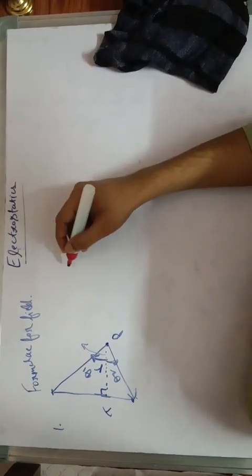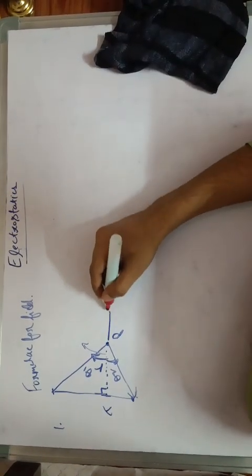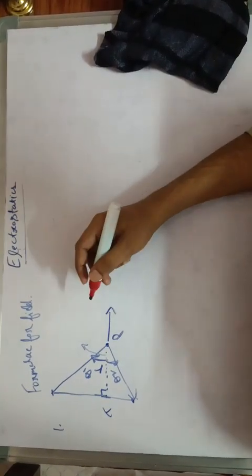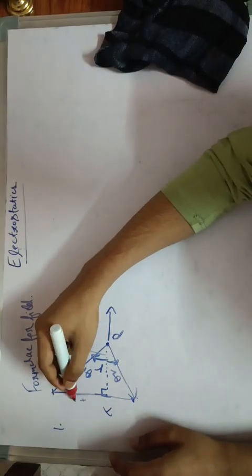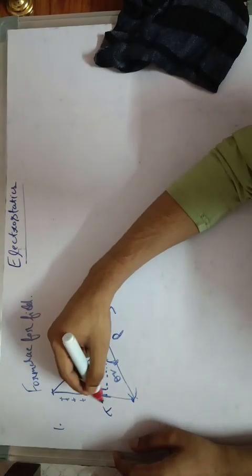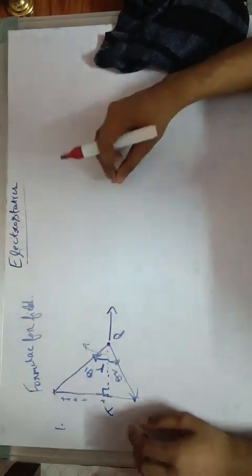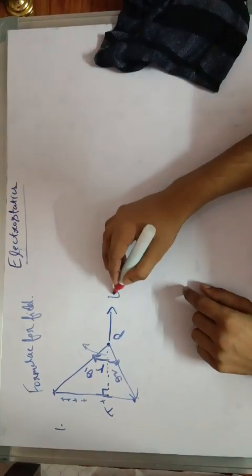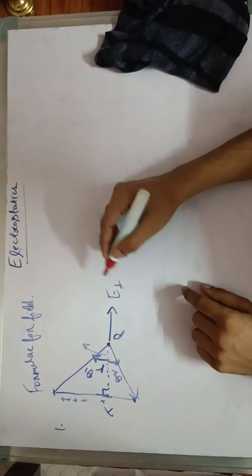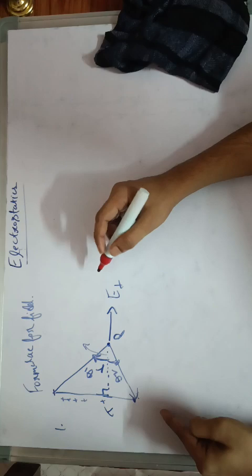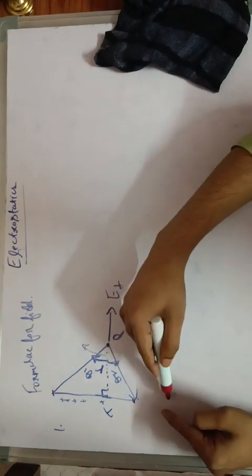So for the formula for the electric field, there would be some field. Let's say this is a positive charge density. If I am assuming that it is positive charge, then there would be some field in this direction. This is called E perpendicular because it is perpendicular to the line of charge density.